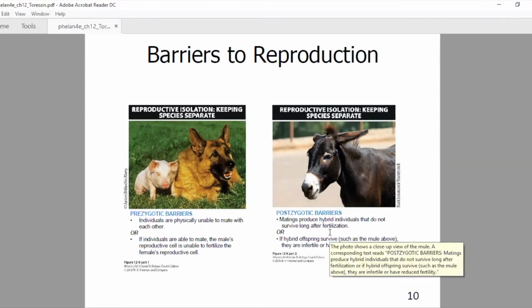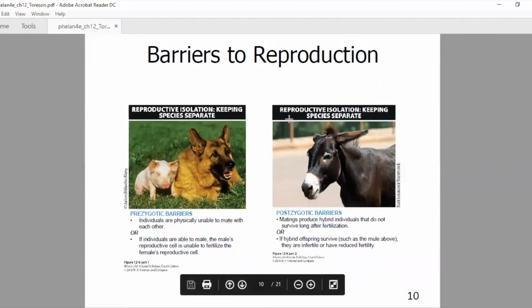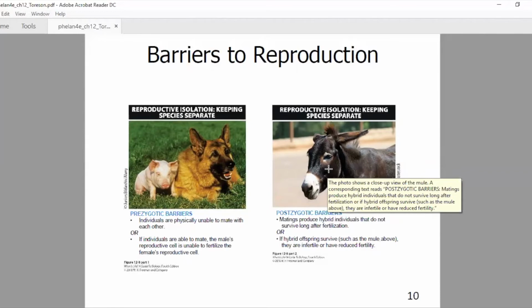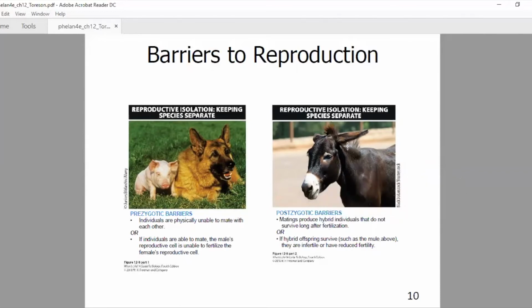In this case, a donkey and a horse are able to reproduce. They are able to form a zygote, and that zygote develops into a living organism called a mule. But this mule is sterile, and so there is no way to continue this species here because these animals are not able to reproduce.